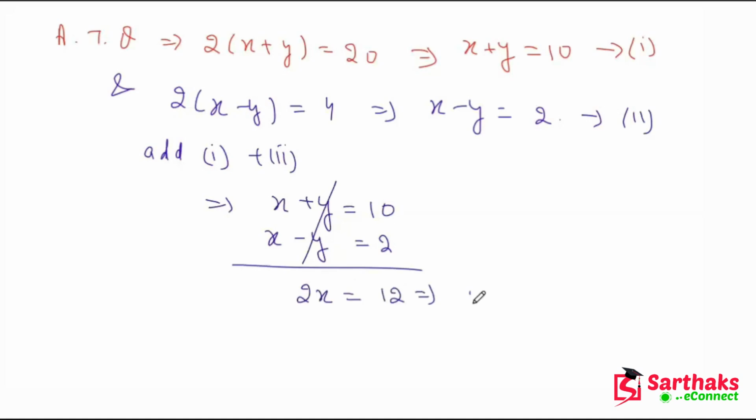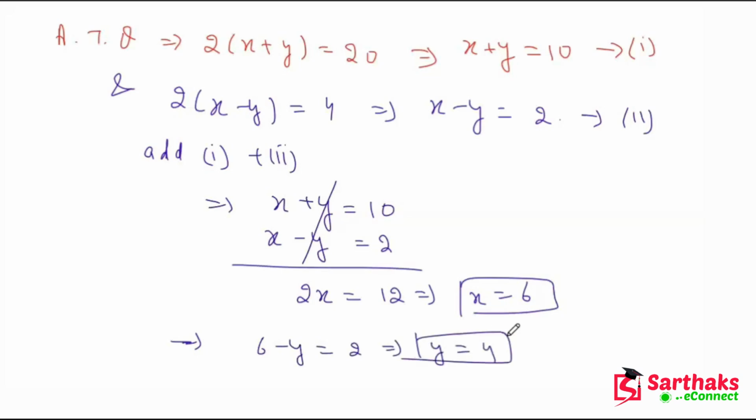Then we get the value of x is 6. Okay. So putting the value of x in any of the equations, then we get 6 minus y is equal to 2. The value of y is 4 from this equation. Okay, so we have x and y both.